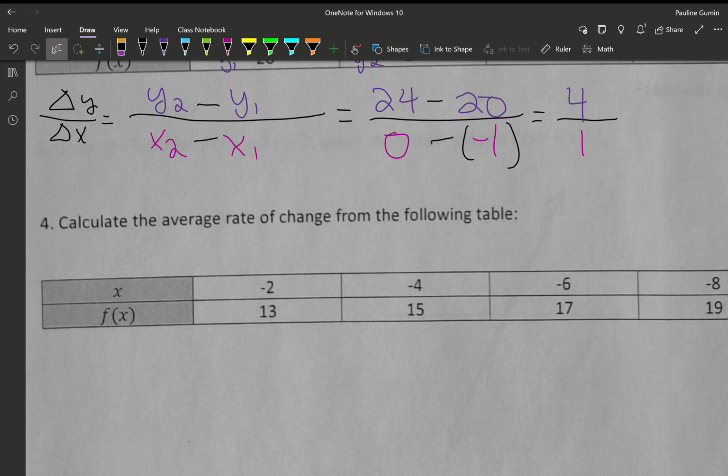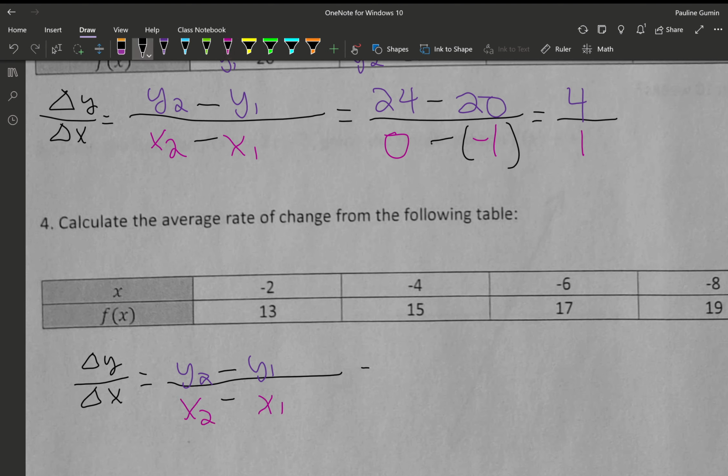Let's do the same thing for number 4. So it's the change in y's over the change in x's. y2 minus y1 over x2 minus x1. You know my obsession with the color coding. Let's label x1, x2, y1, y2. All right, so on the top we have 15 minus 13.